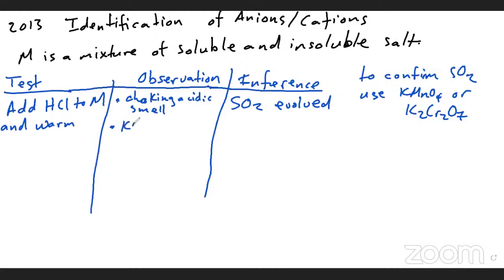You could put KMnO4 is decolorized, or dichromate changes from orange to green.